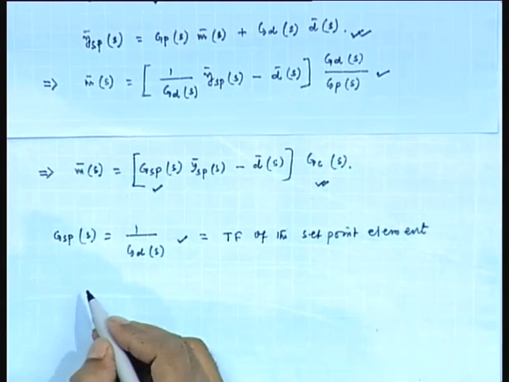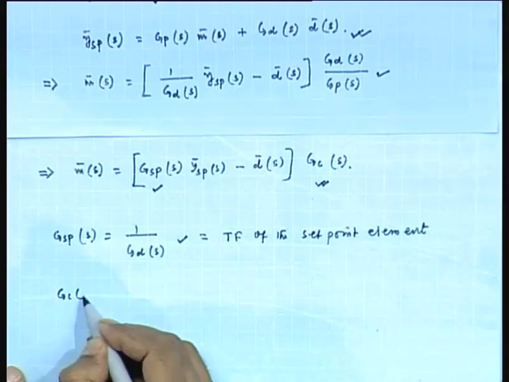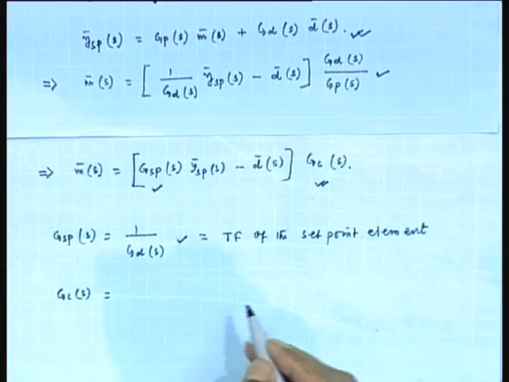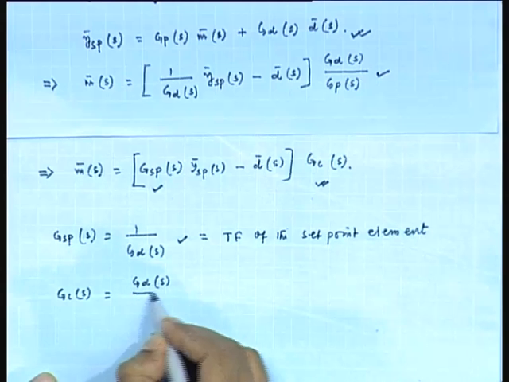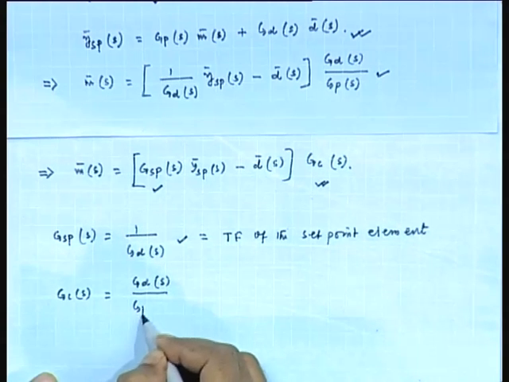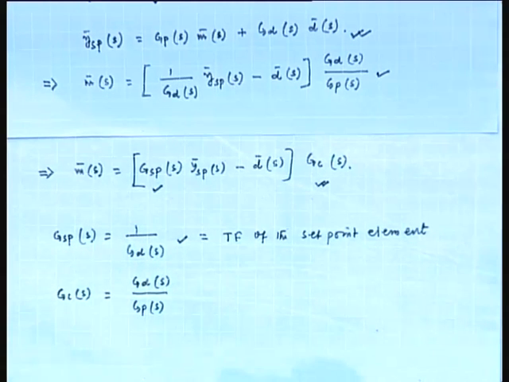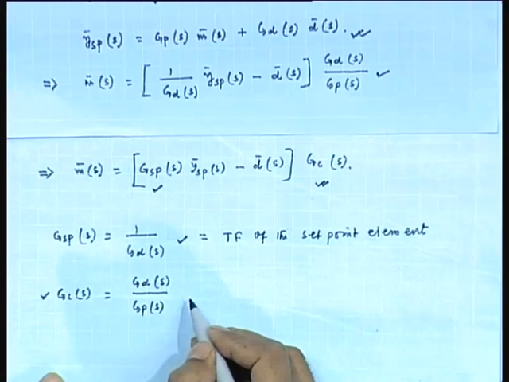Similarly, we obtain GC s as GD s divided by GP s. If we compare the last two equations, we obtain similarly the expression for controller.